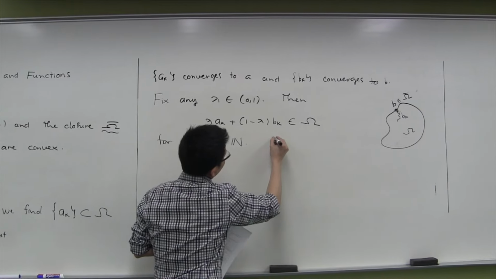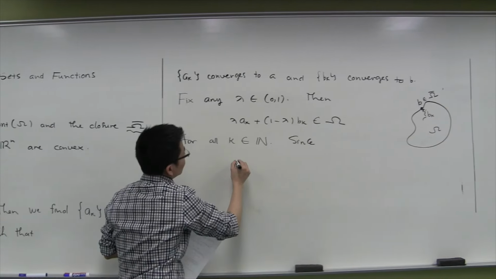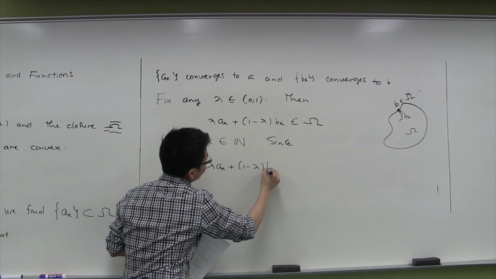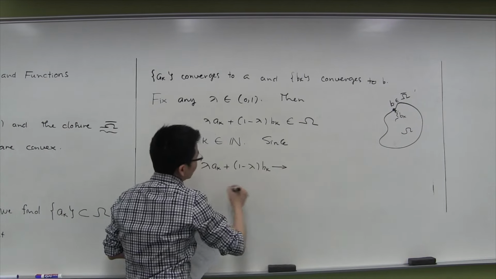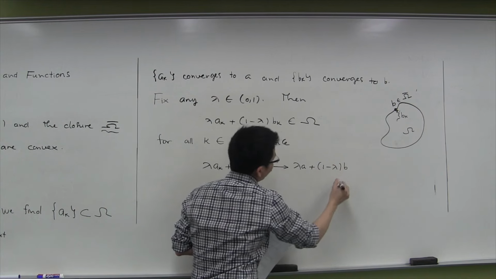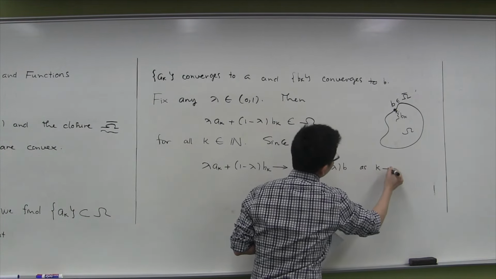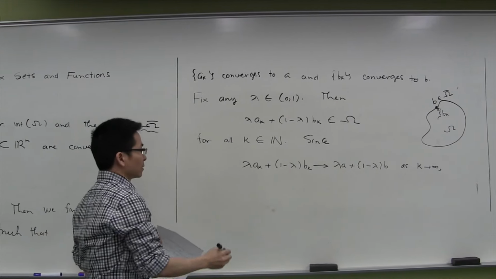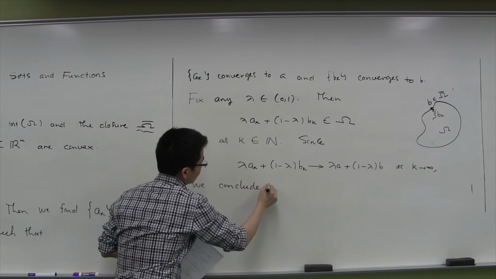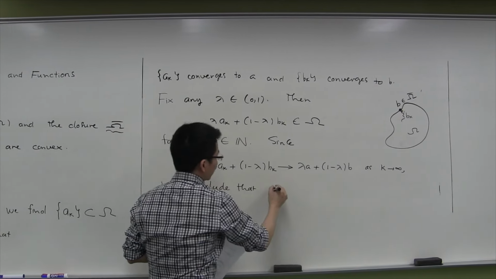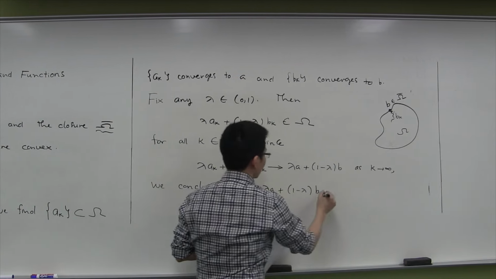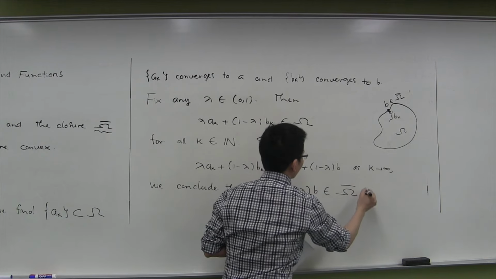Now, since lambda a_k plus 1 minus lambda b_k converges to lambda a plus 1 minus lambda b as k goes to infinity, we conclude that lambda a plus 1 minus lambda b belongs to the closure of omega.